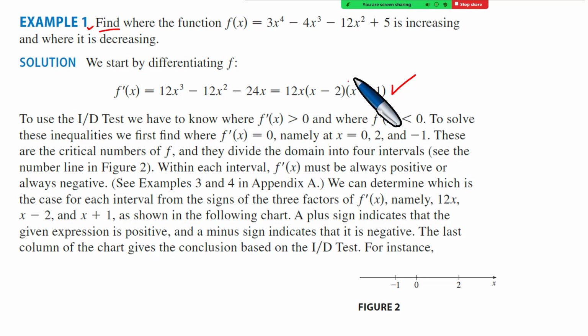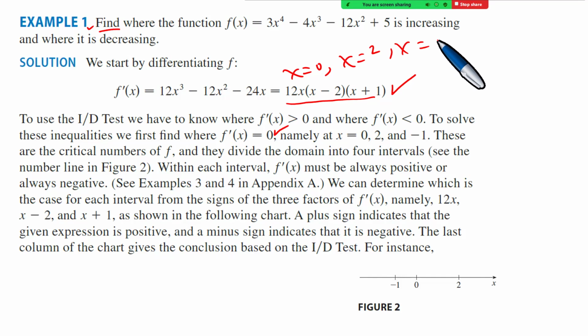Okay, so this is our strategy. When you equate this derivative to 0, we see that x is going to be 0, x is going to be 2, and x is going to be exactly -1. At the 3 critical points, this is what we have. These are the critical numbers of f.